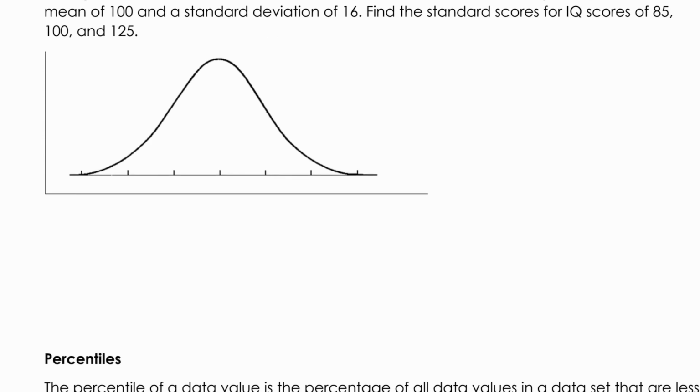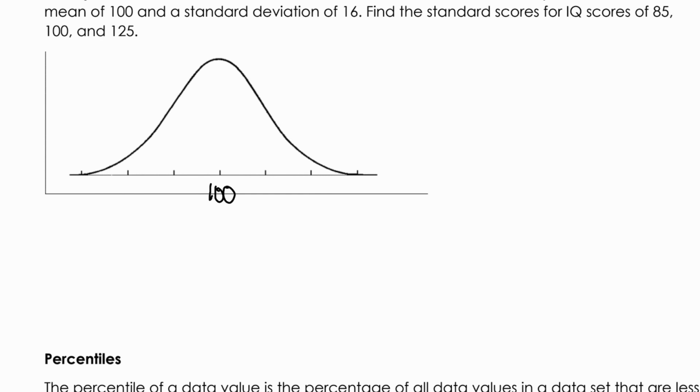The Stanford-Binet IQ test is scaled so that the scores are normally distributed, with a mean of 100 and a standard deviation of 16. Find the standard scores for the IQ scores of 85, 100, and 125. So if I have a mean of 100 and a standard deviation of 16, 100 goes in the middle, and then I would count out 16 for each tick mark.